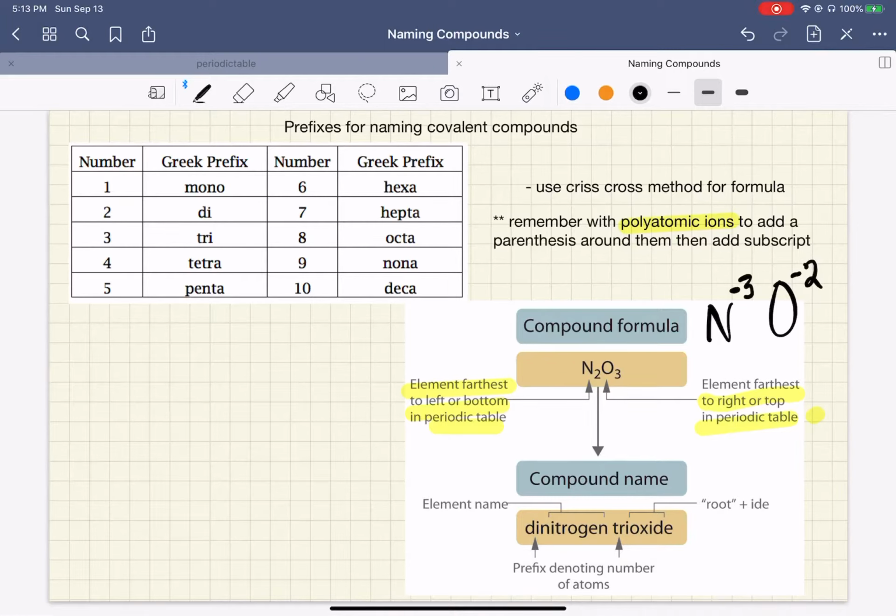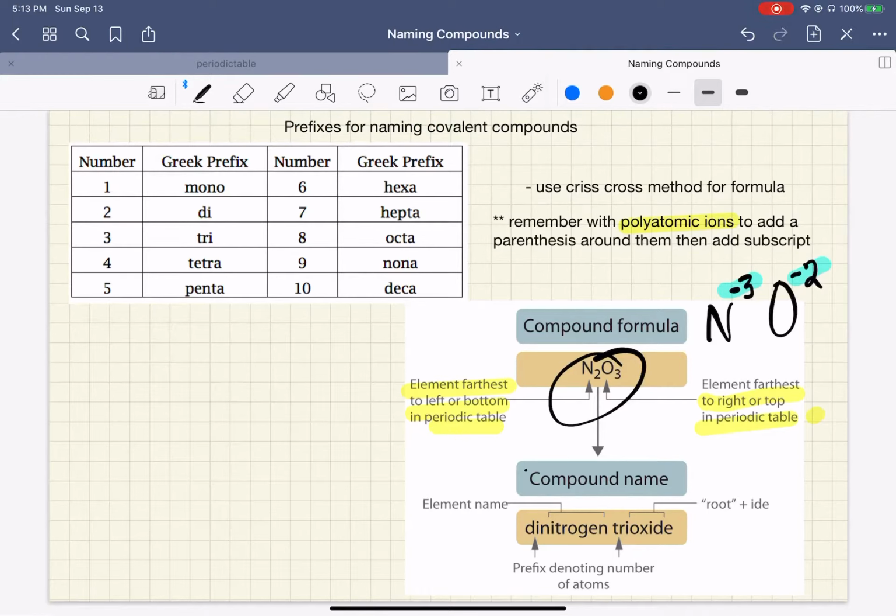So keep in mind that these numbers here, these are how many electrons they need to gain to get a full octet to get to 8. When we crisscross, we end up with this formula here, N2O3. We're going to be using the prefixes: dinitrogen trioxide, okay?